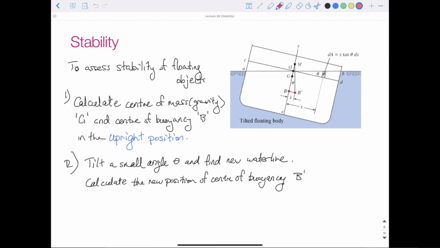And if we draw a line vertically upwards from that new center of buoyancy, where that crosses the center line of our symmetric object is called our metacenter. And B prime here is our new center of buoyancy.